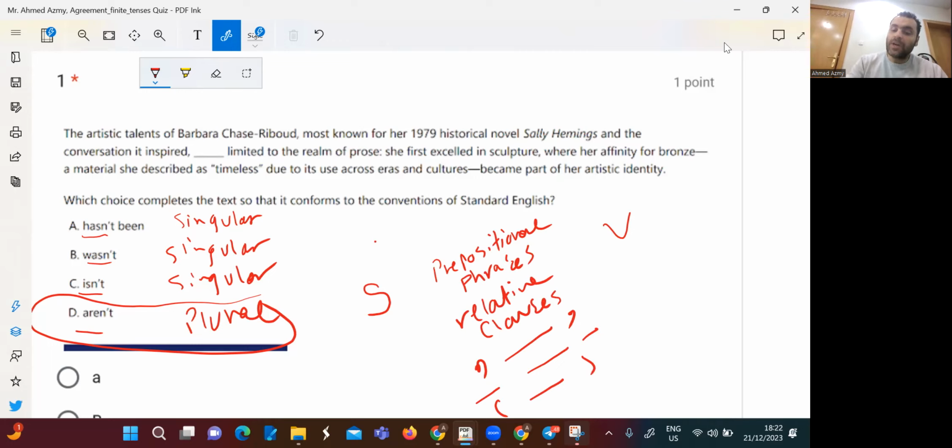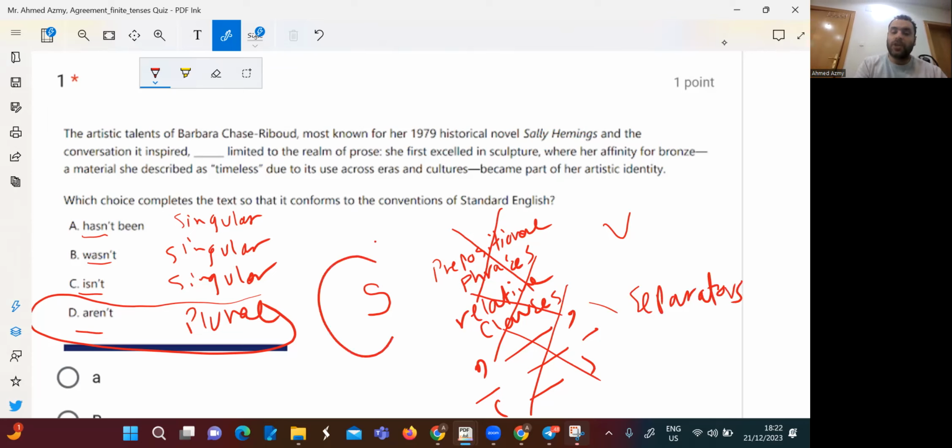So what we are supposed to do is to eliminate all prepositional phrases, and get rid of the relative clauses. Anything between commas, dashes, or brackets, you need to get rid of, because we call them separators. They separate the simple subject from the verb.